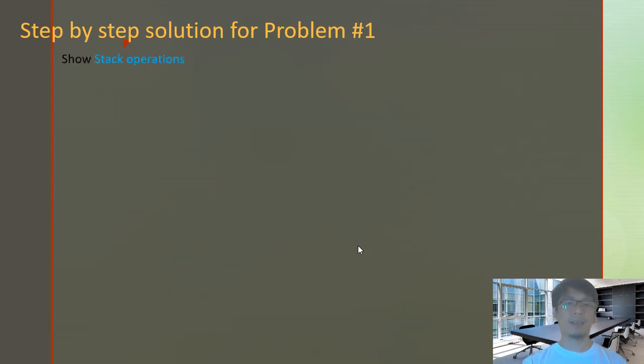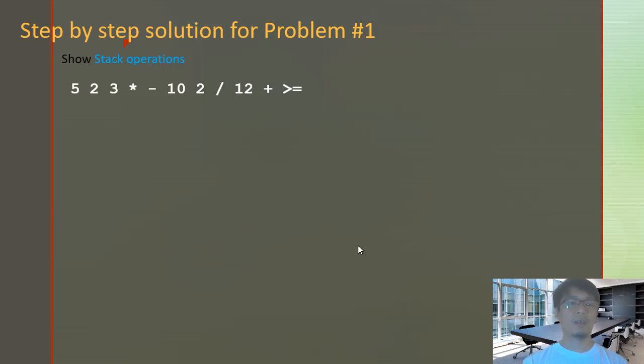Okay, next we have show stack operations. So how do we deal with it? All I have to do is evaluate the leftmost part of the expression.